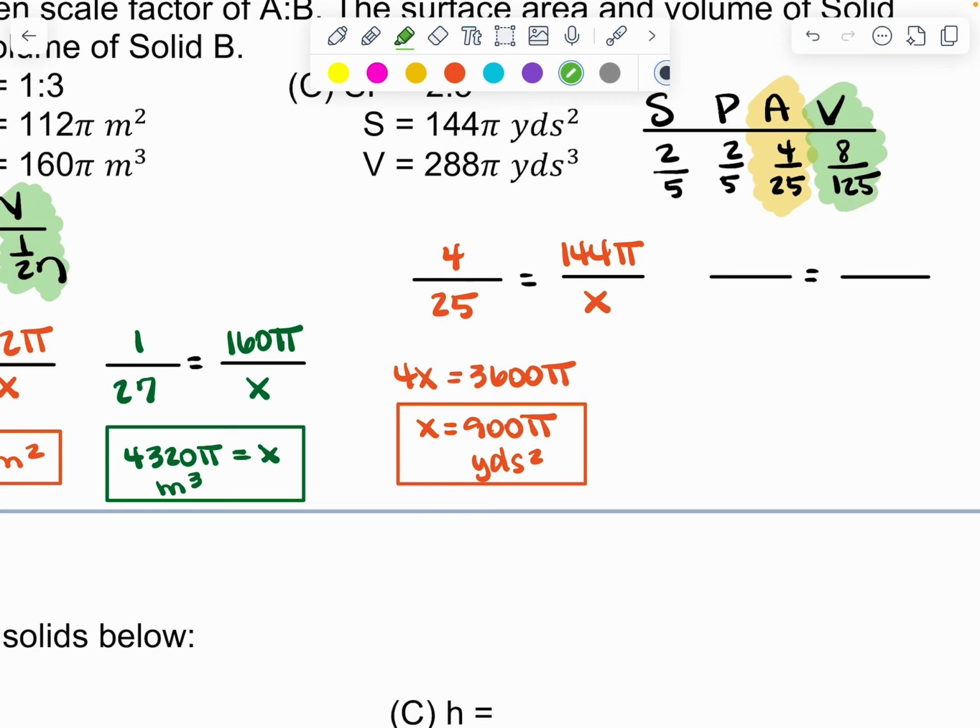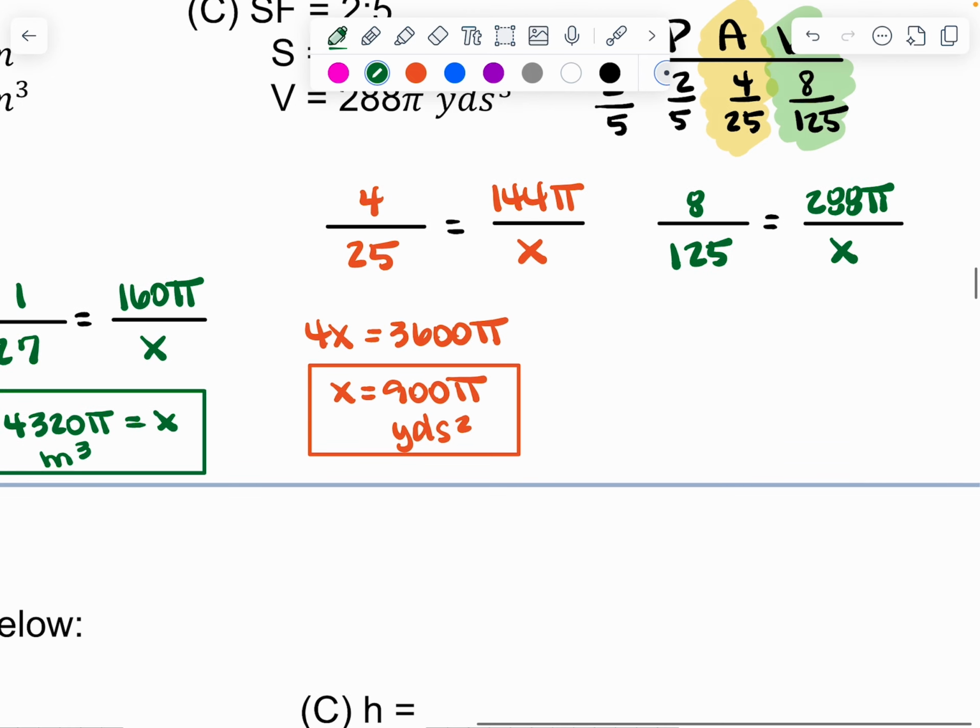Voila. And then if we want to find our missing volume, well, then we know in that proportion, we must use the 8/125. And given the volume of solid A is 288, what is X if everything has to reduce to 8/125?